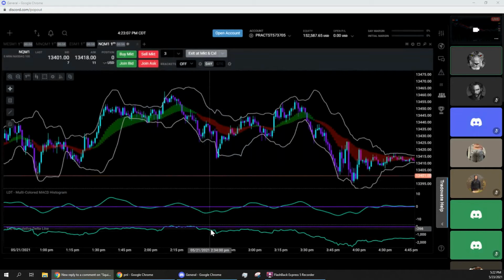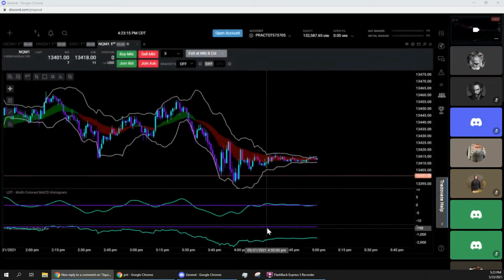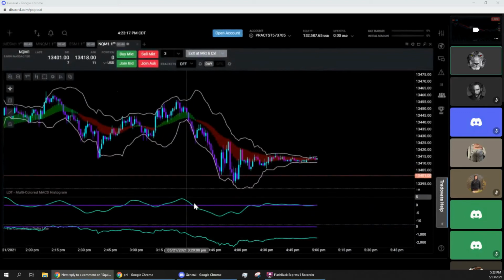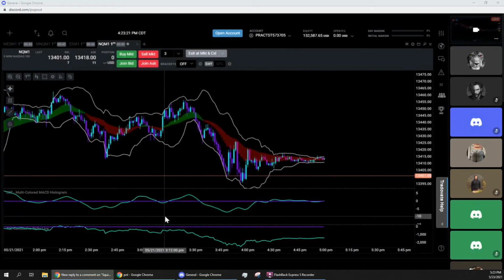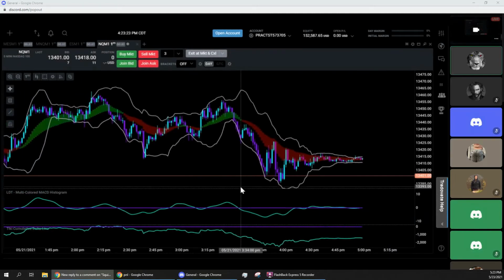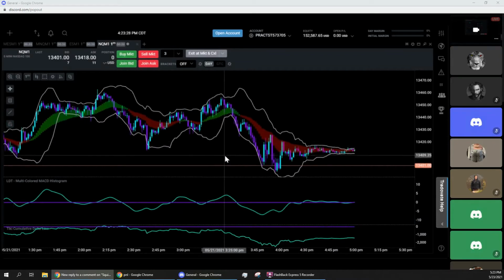It kept her out of a ton of trouble. Just being below zero or above zero. That's the only thing I use it for. I don't use it for any other thing, no type of divergence of any degree. It's just, are we above it or are we below it. Super clean signals.